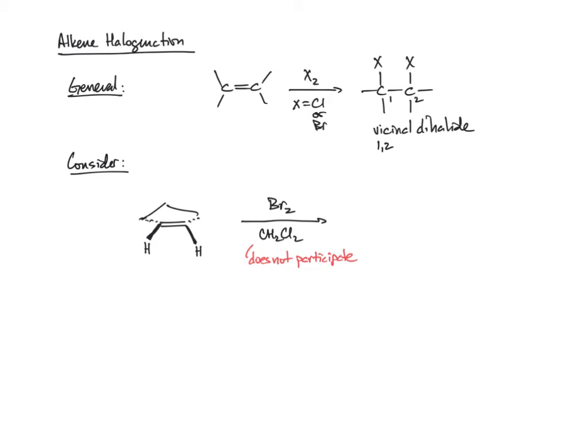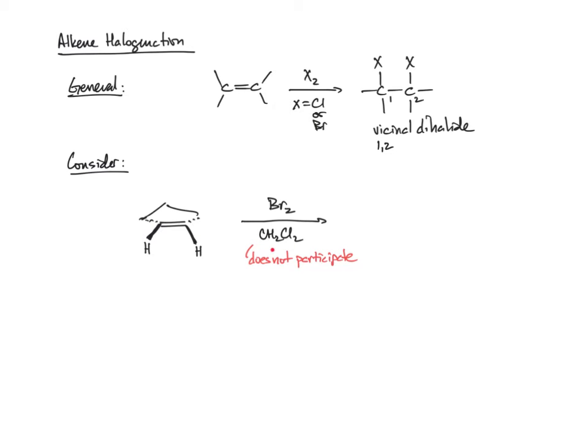I'm going to show you an example here using cyclopentene. 1, 2, 3, 4, 5. Cyclopentene. We're looking with perspective, edge on to the alkene. We're treating this with bromine and dichloromethane.